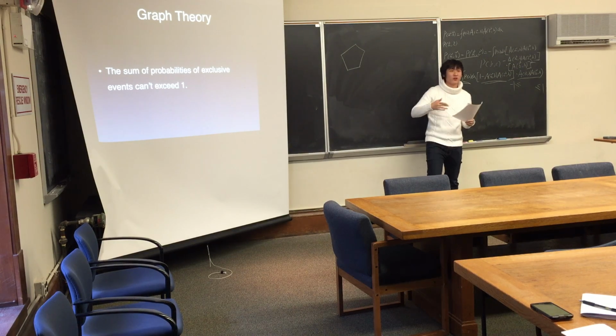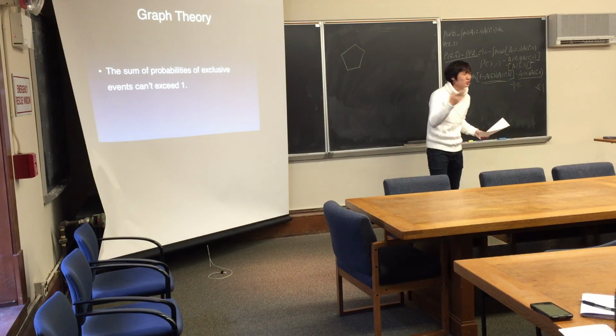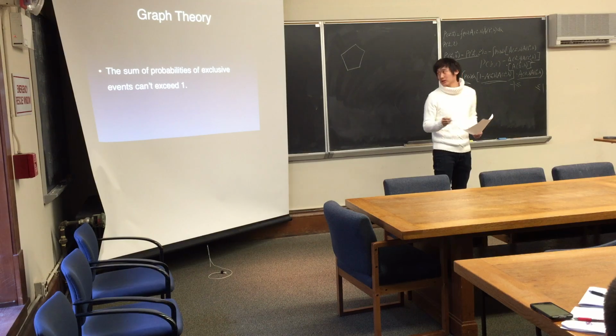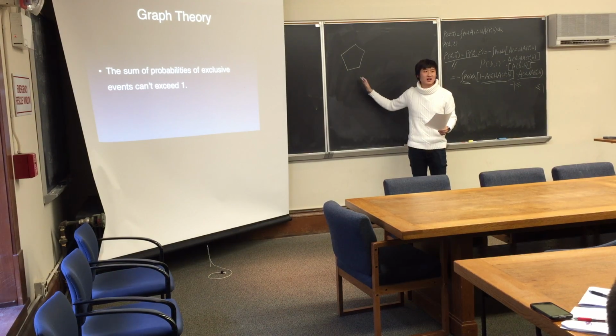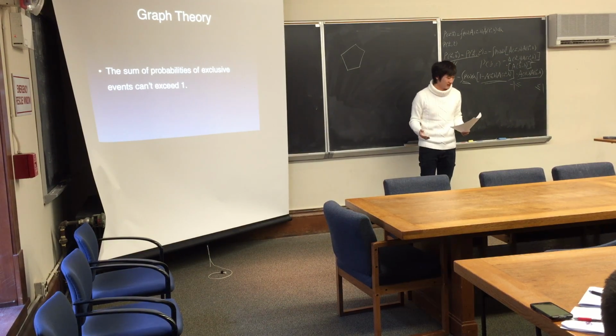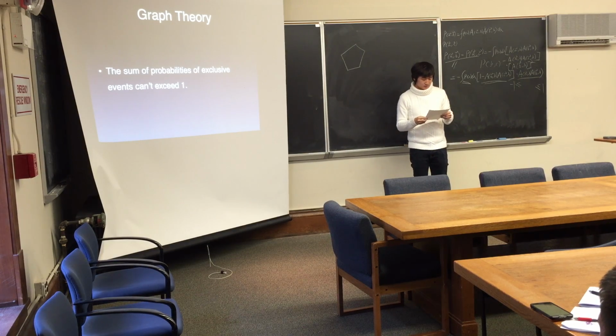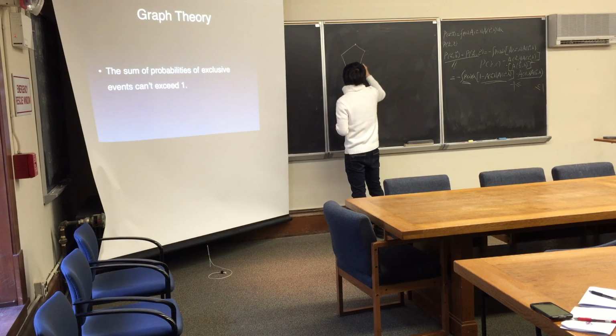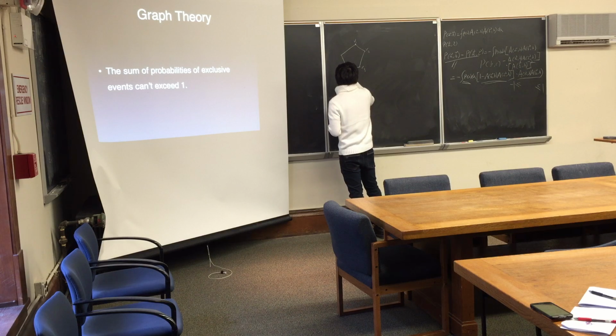Before I make something too mathematical and abstract, I really want to use a simple graph to demonstrate the point. So let's consider a graph like this, and the vertices are labeled, so we can use them to call their names.